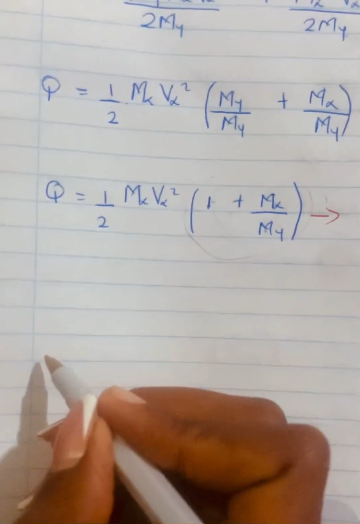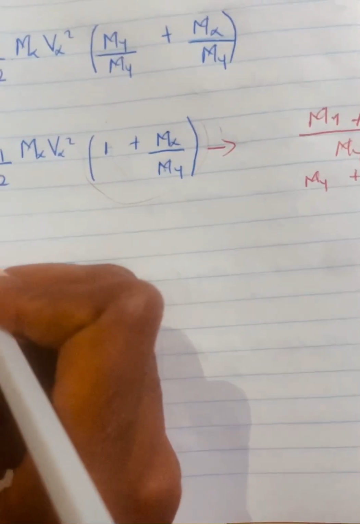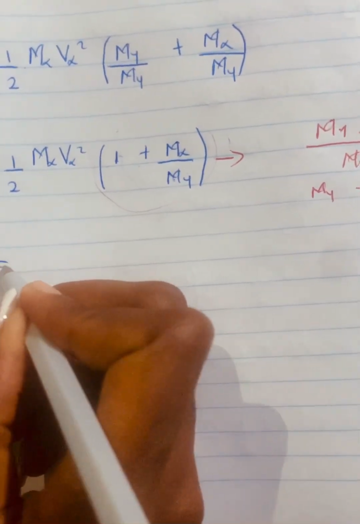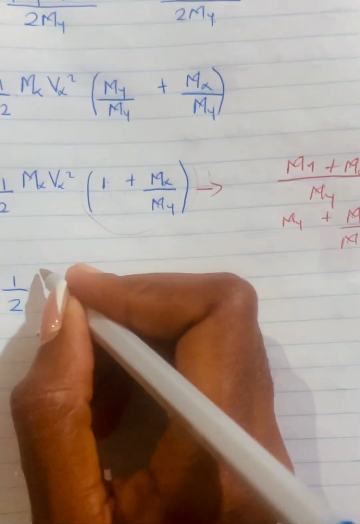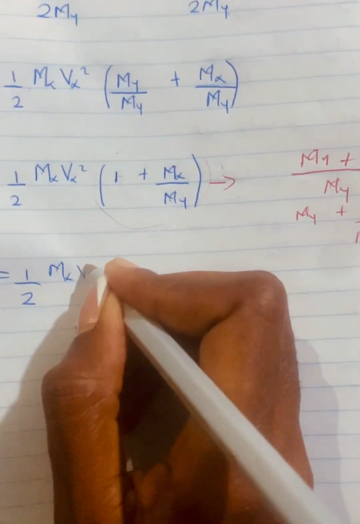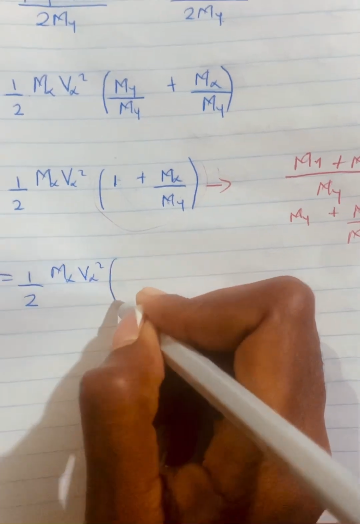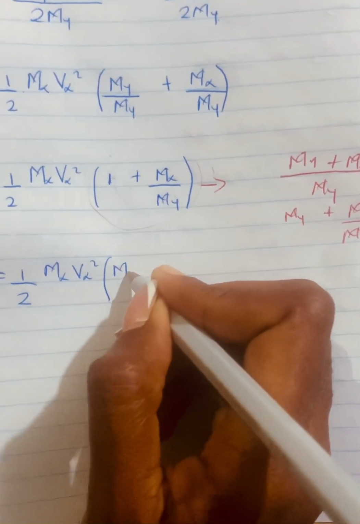So I'm going to go back to my equation, and it's going to be Q equals 1 over 2 m_alpha v_alpha squared, open bracket, m_Y plus m_alpha over m_Y.